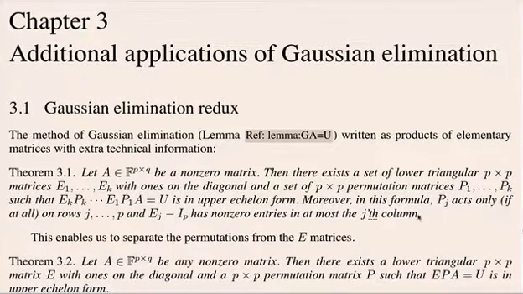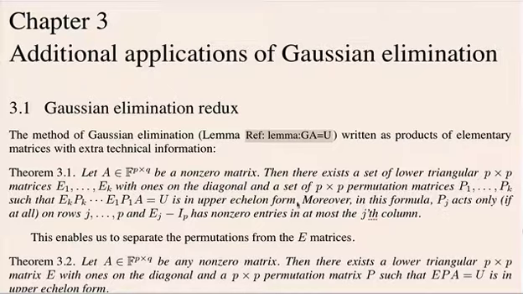Moreover, in this formula, Pj acts only, if at all, on rows j or larger, and Ej minus Ip has non-zero entries in at most the jth column.